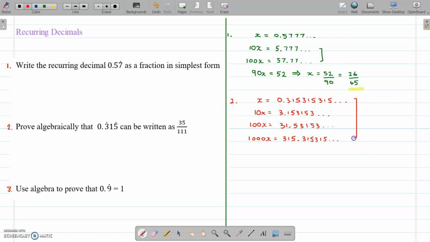So if I do 1000x take away x, that's going to give me something that doesn't have a recurring part.